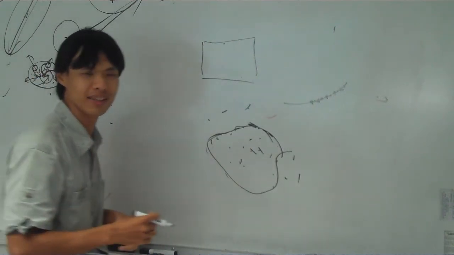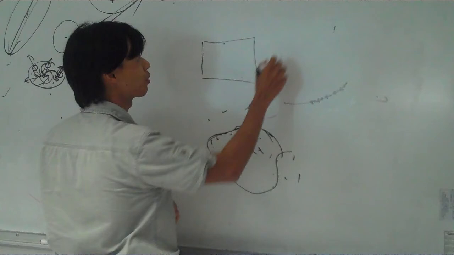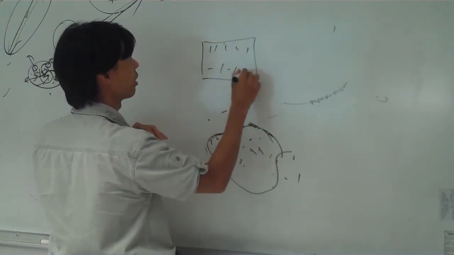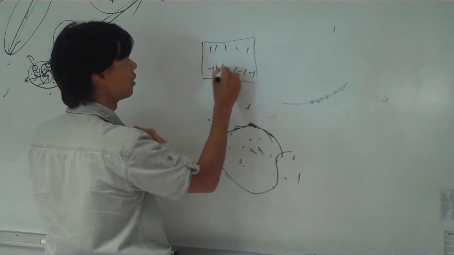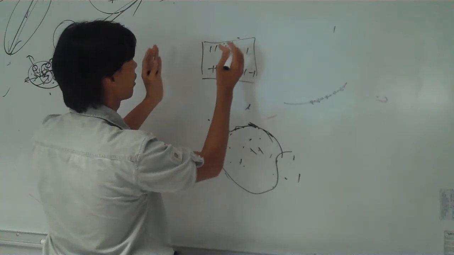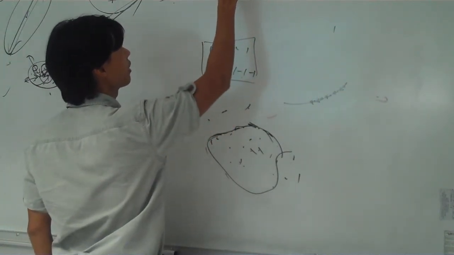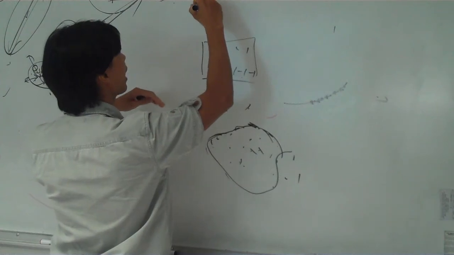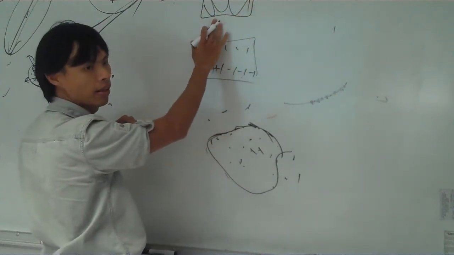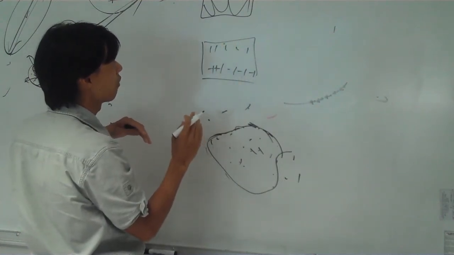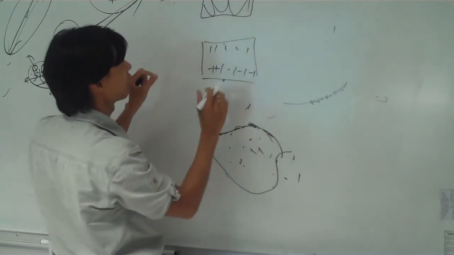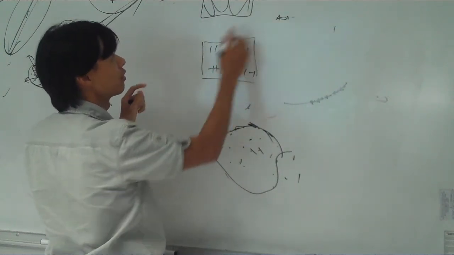Let's say I invent a very silly one: 1, 1, 1, minus 1, minus 1, minus 1, that kind of filter. If you have an edge here, where this is dark and this is bright, and you apply this filter to that, you will have something positive.